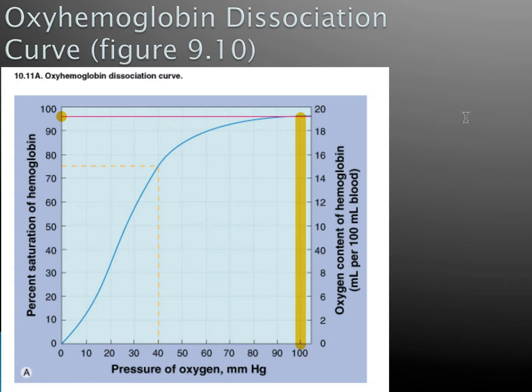Something new on this graph, or relatively new, is the right-hand side y-axis. We've actually calculated this out. This is the content of oxygen in blood, so it's milliliters of oxygen in 100 milliliters of blood.